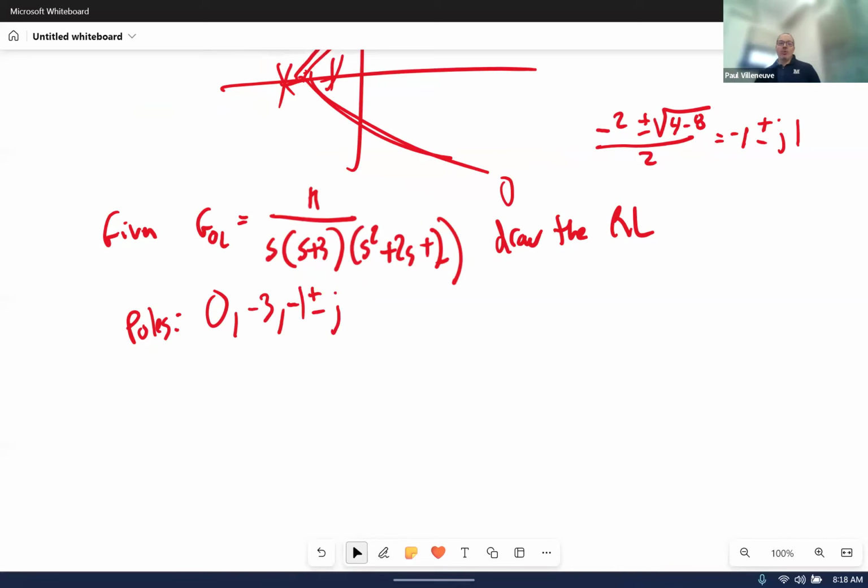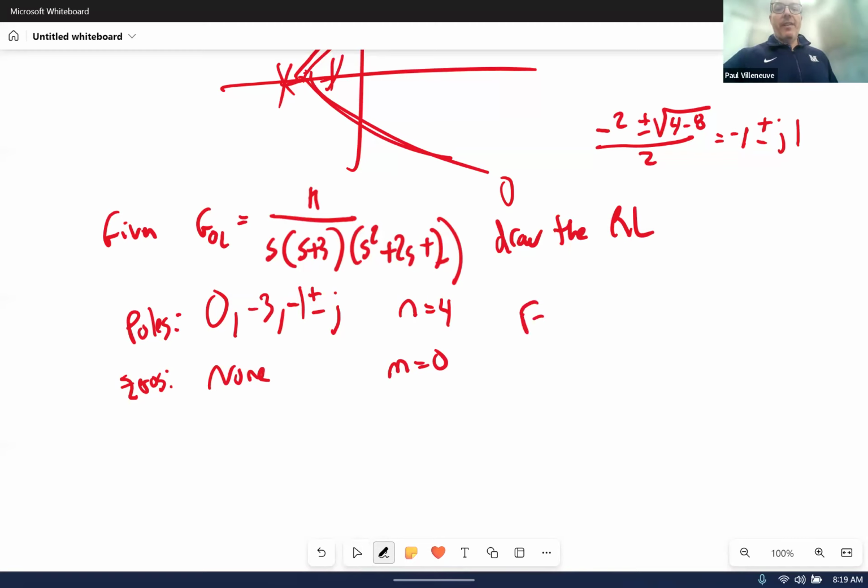So those are my poles, right? -1 plus or minus j. What are my zeros? None. I don't have any zeros. So immediately what I know is that n, which is the number of roots of the denominator, is equal to 4. And the number of roots of the numerator, or zeros, is equal to 0.